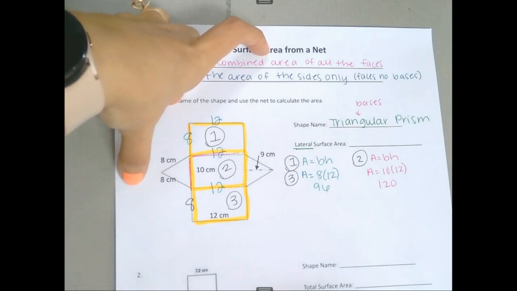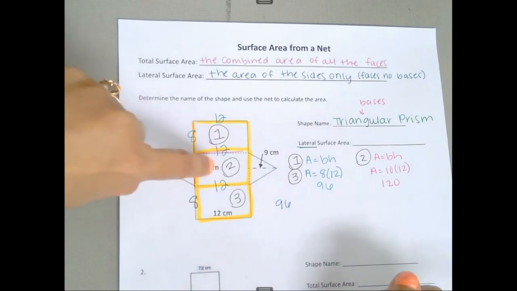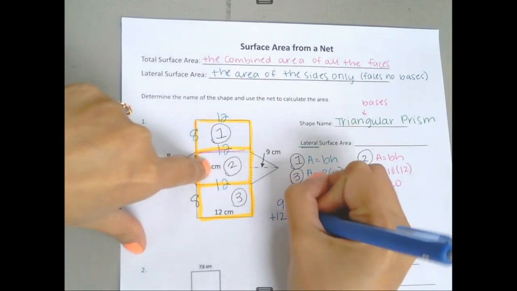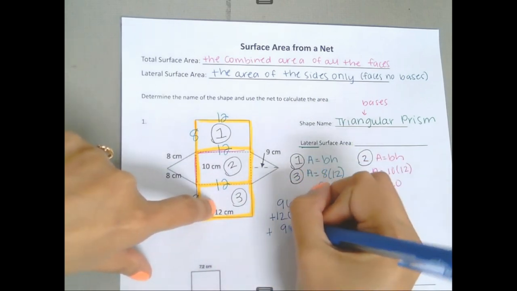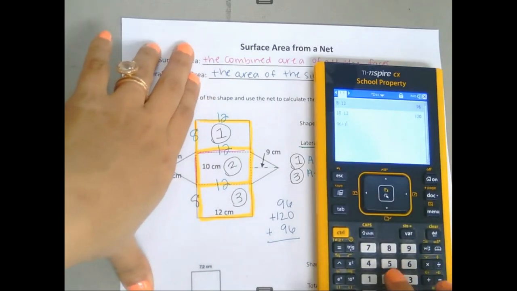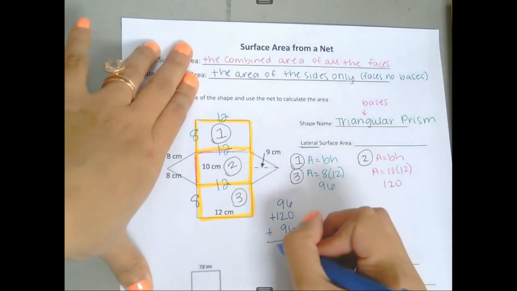So when I add up all the sides, I'm adding up number 1, which is 96, plus number 2, which is 120, plus number 3, which was 96. So 96 plus 120 plus 96 gives me 312.